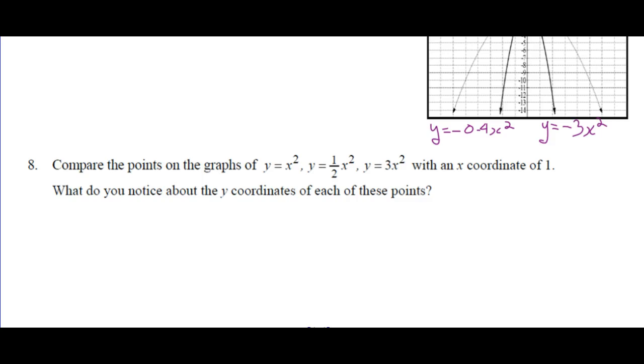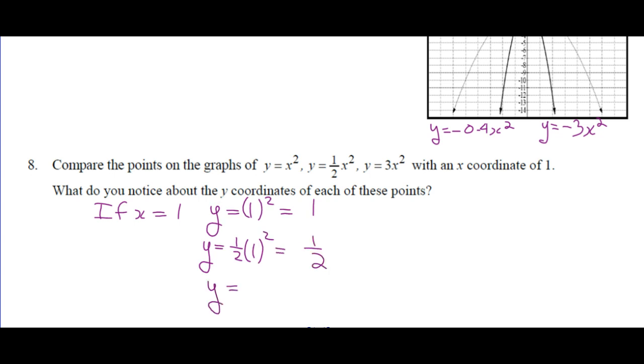So if x equals 1, well, we could just plug it in, right? If x equals 1, y is equal to 1 squared, which is 1. Y is equal to 1/2 of 1 squared, which is 1/2. And y is equal to 3 times 1 squared, which is 3.